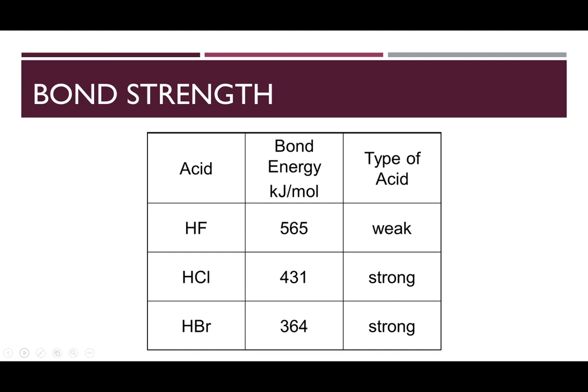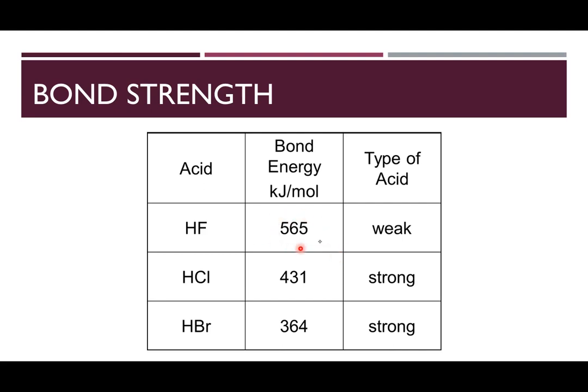So here we see 3 examples of binary acids. So we see HF, HCl, HBr. We see the bond energy here. So bond energy, remember, is the amount of energy that you have to put in to break that bond, to pull those two atoms apart.